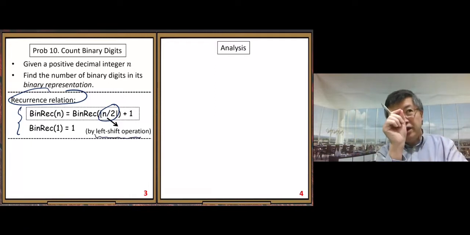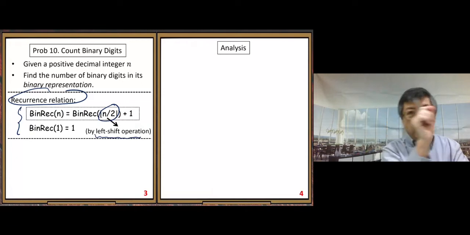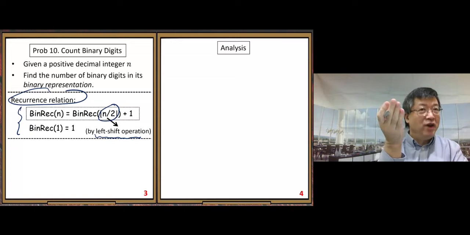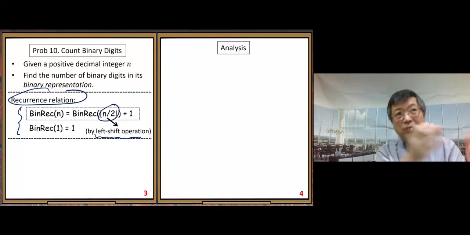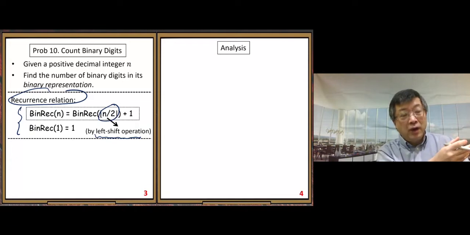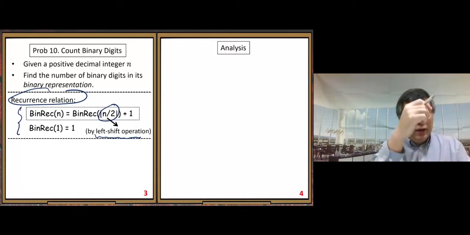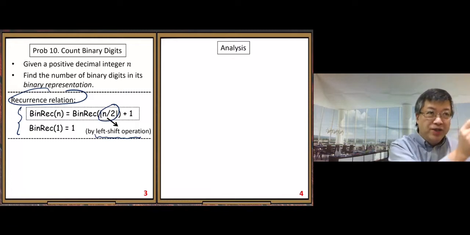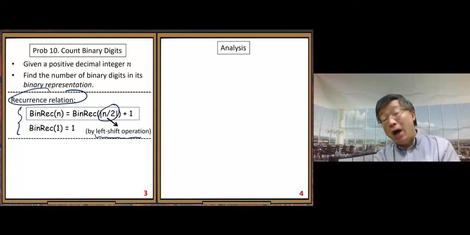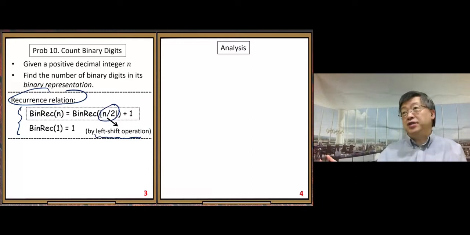You shift the point, here, because you need to consider the binary point in the binary representation. In a computer, you use the binary representation. When you divide by 2, you shift that binary point one position to the left. That operation is very fast, right?